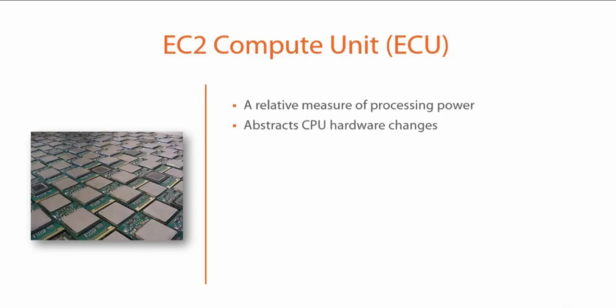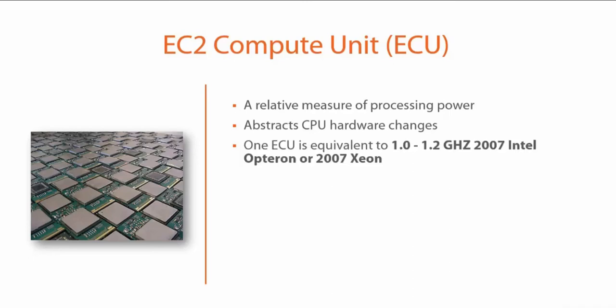So the idea behind ECU was to establish a common denominator, a level or a measure of charge that Amazon could then leverage. So, for example, what they did was they standardized on one ECU being equivalent to a 1.0 to 1.2 gigahertz 2007 Intel Opteron or 2007 Xeon processor.